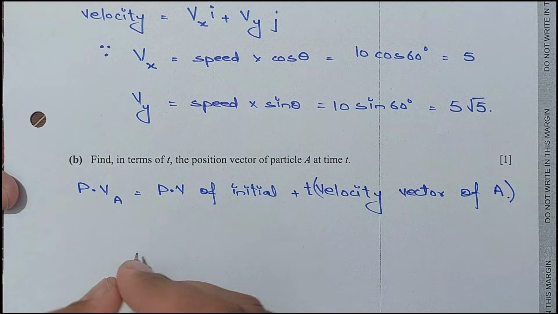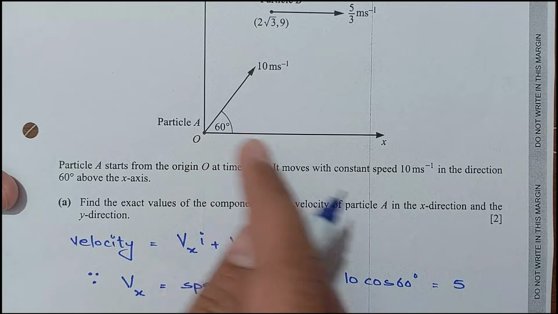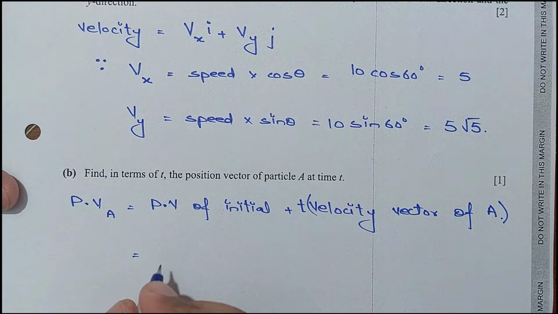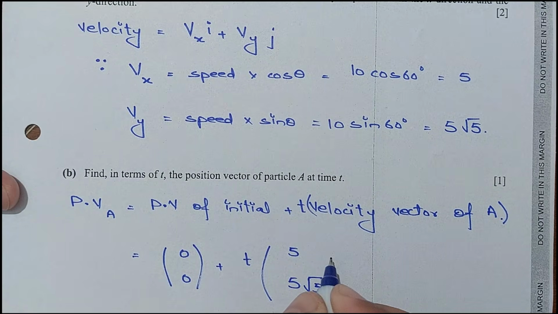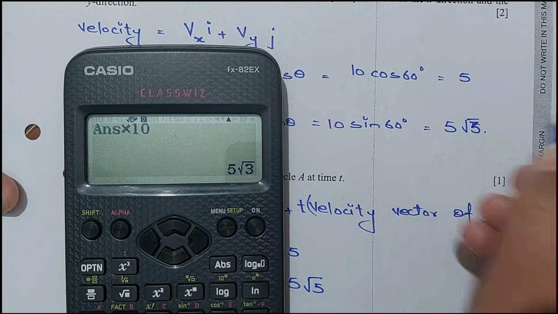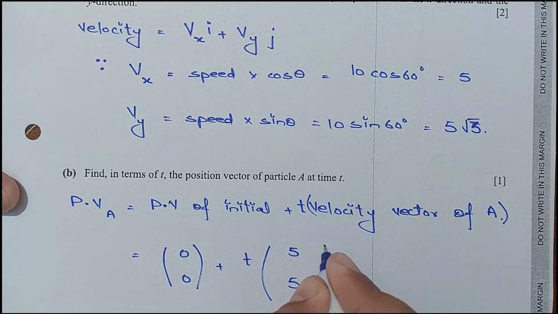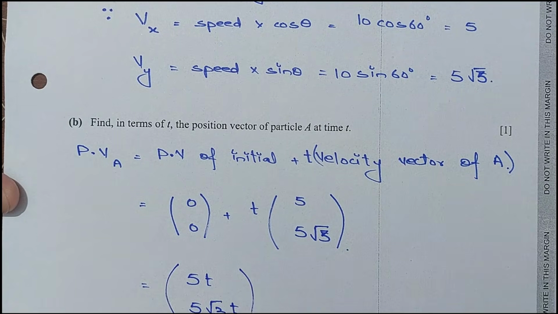Initially A is at the origin, so the initial vector is 0, 0, plus t times the velocity vector. The x component is 5, the y component is 5 root 5. Is that root 5? It's root 3. I messed up. This is root 3. So the position vector for A is 5t, 5 root 3 t.